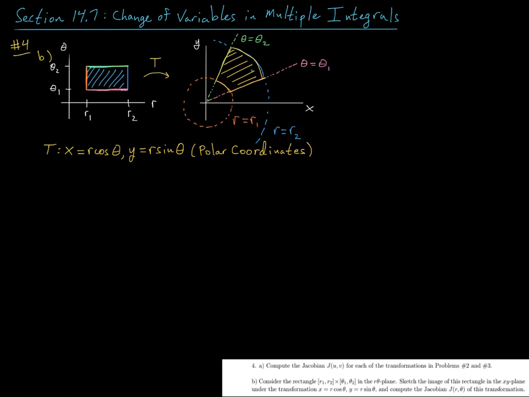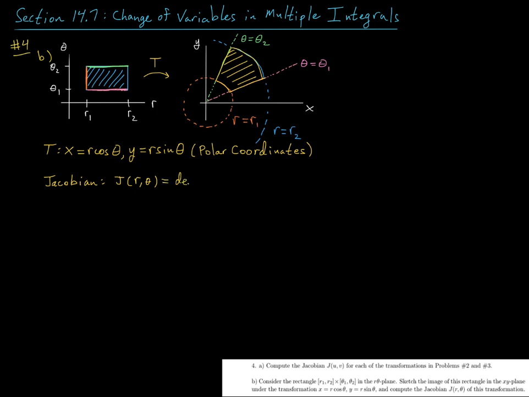All right, so now let's go ahead and compute the Jacobian. For that, we're now treating r and theta just as we treated u and v. So our functions x and y are in terms of r and theta now.